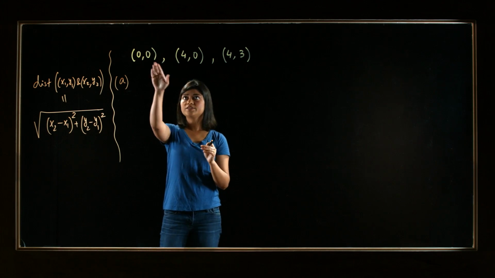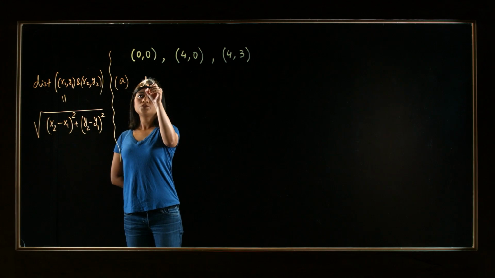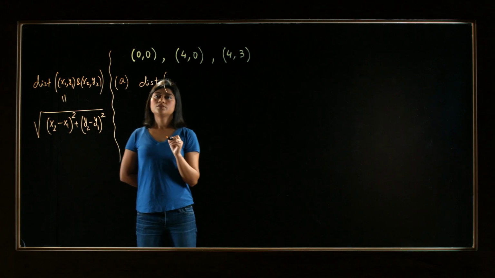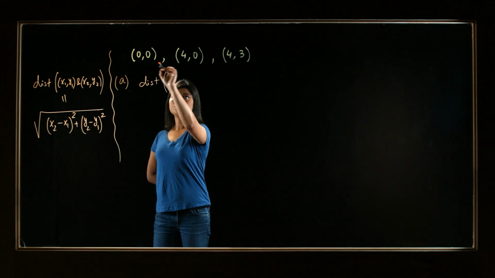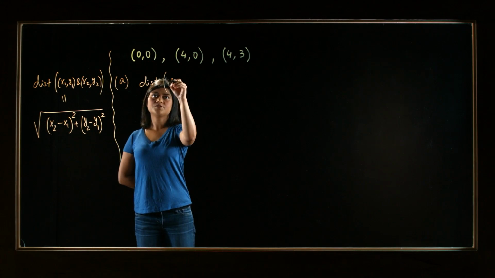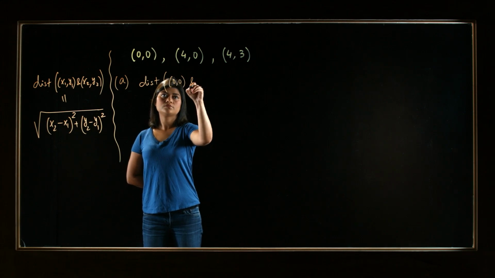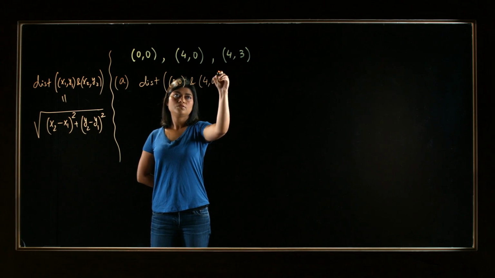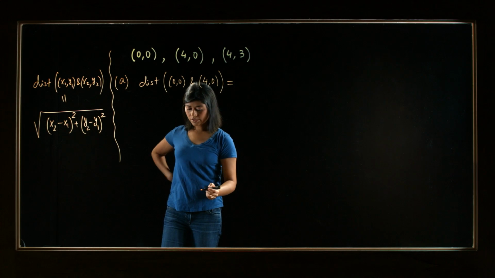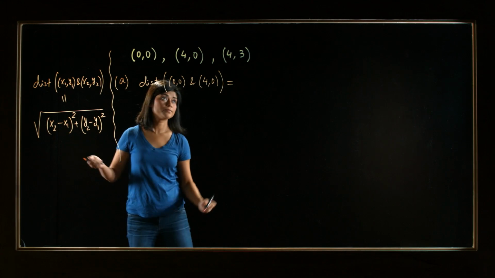So let's start with the first 2 points. We want to find the length between 0, 0 and 4, 0. So, distance between 0, 0 and 4, 0. Okay, so let's use this formula.